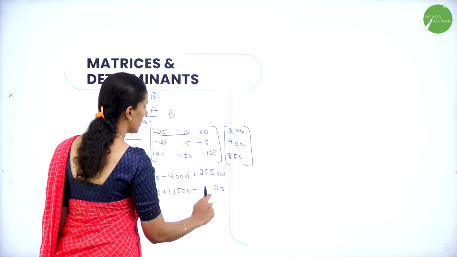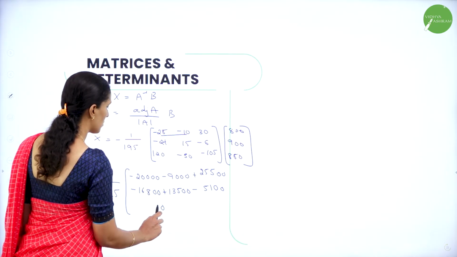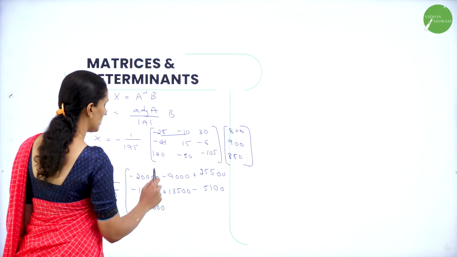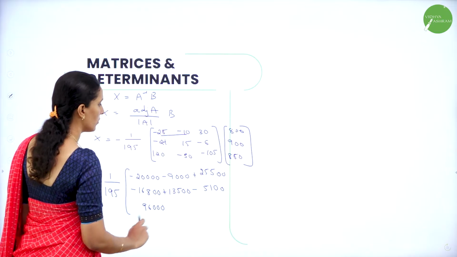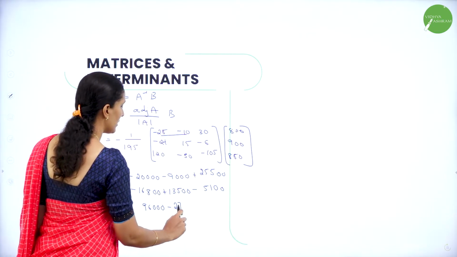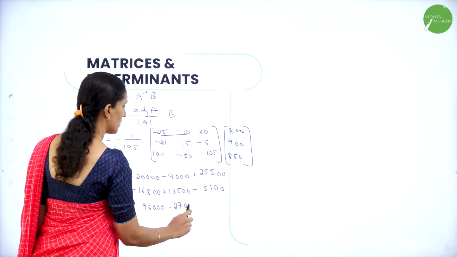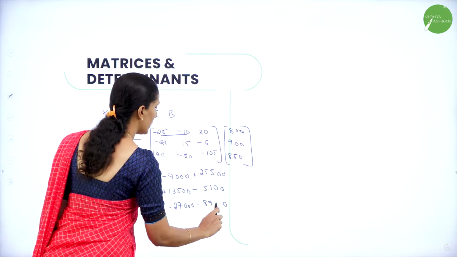So we have 51. Next we have 3 zeros, 16, 1 carry, 8, 1 9. So next we have minus 3 9s are 27, 0, 0, 0. Next we have minus 8, 9, 2, 5.